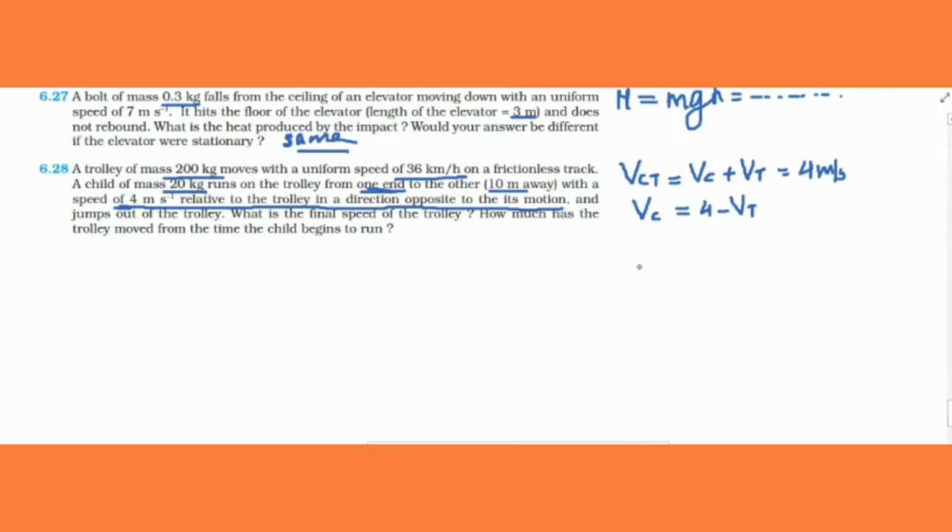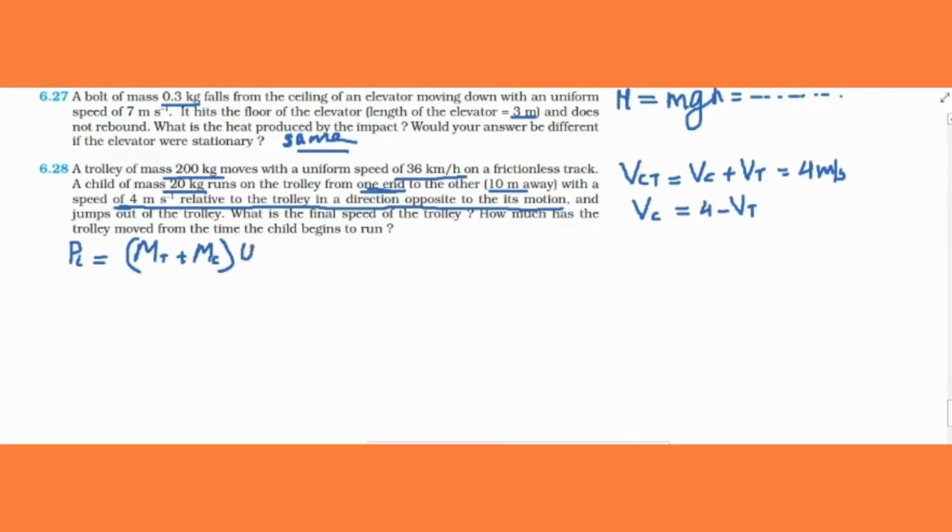Now, initially, the child is in the trolley. So the initial momentum Pi we can calculate. Initial momentum Pi is equal to the mass of the trolley plus the mass of the child, and the trolley is moving with a velocity of 36 km per hour.